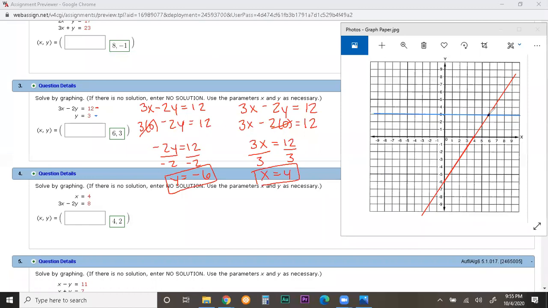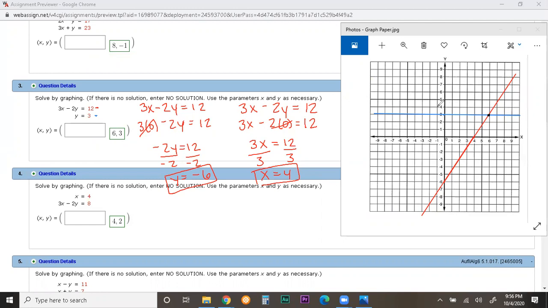So remember, we talked about 3 ways to graph, but we also talked about 3 possible solutions in Objective 13, okay? So when the lines intersect, we have a solution, and the solution is that ordered pair that's exactly at that point of intersection.